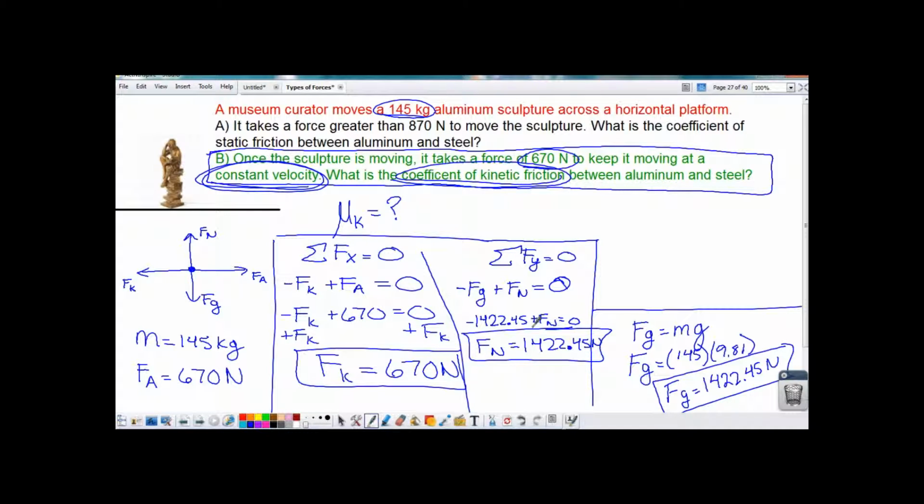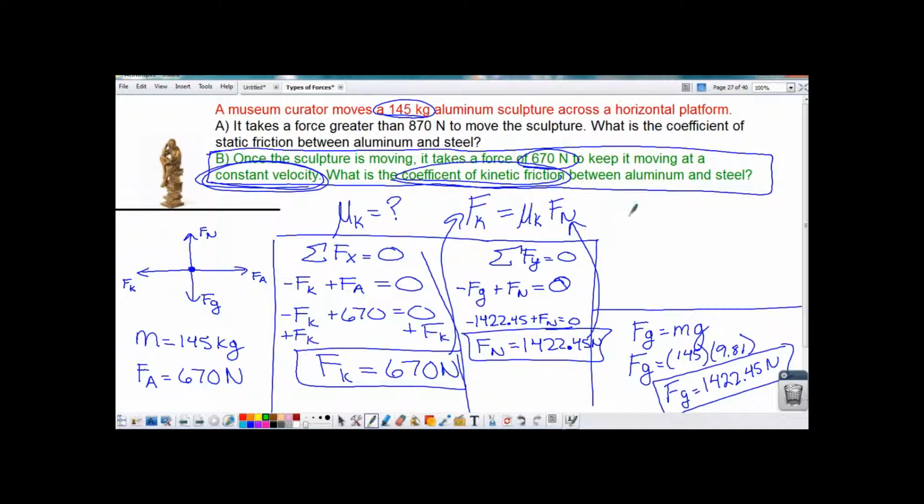Excellent. Okay, we're trying to find the coefficient of kinetic friction, so we have to find an equation that has the coefficient of kinetic friction in it. The force of kinetic friction is equal to the coefficient of kinetic friction multiplied by the normal force. We have both of these variables now, so we can substitute them in.